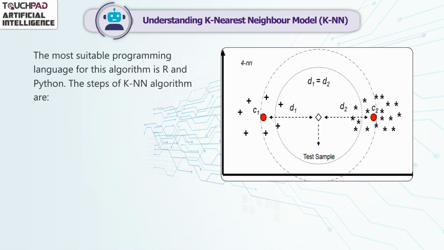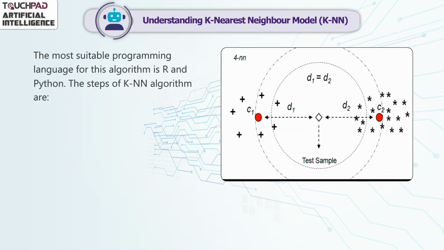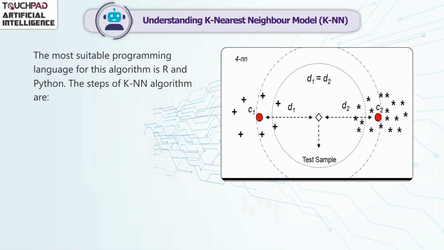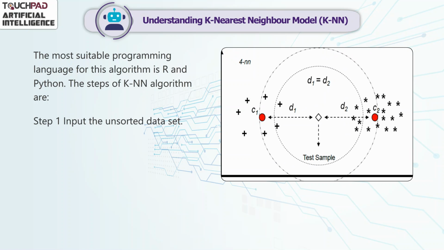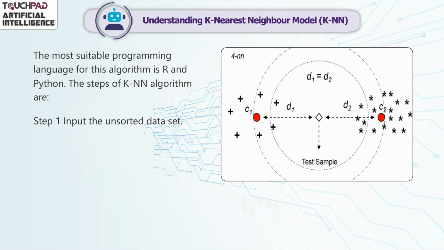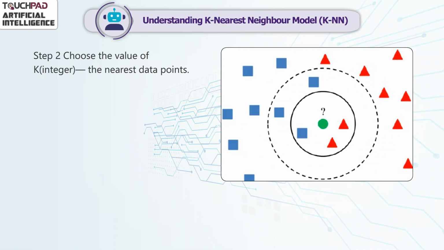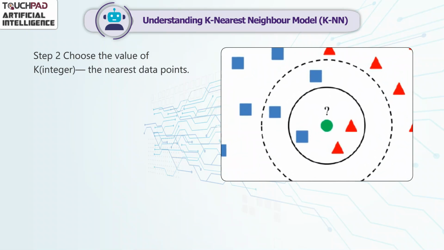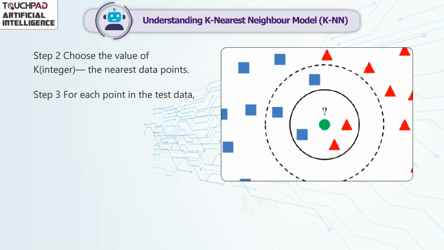The most suitable programming languages for this algorithm are R and Python. The steps of KNN algorithm are: Step 1. Input the unsorted data set. Step 2. Choose the value of k, an integer, the nearest data points. Step 3.